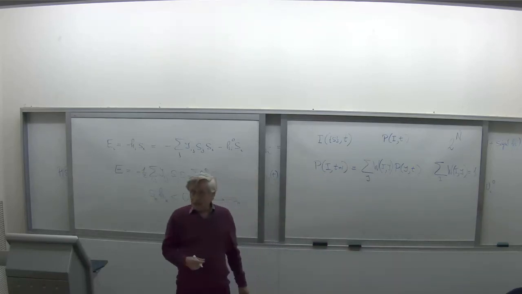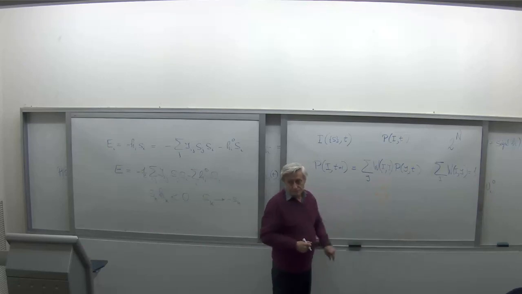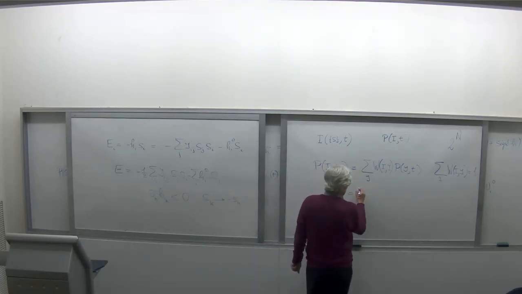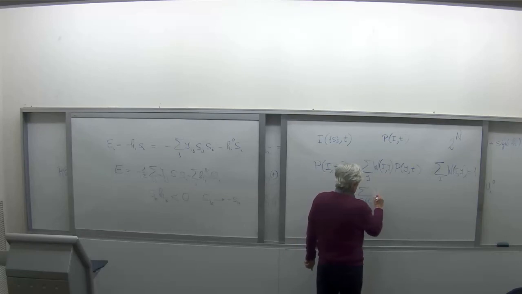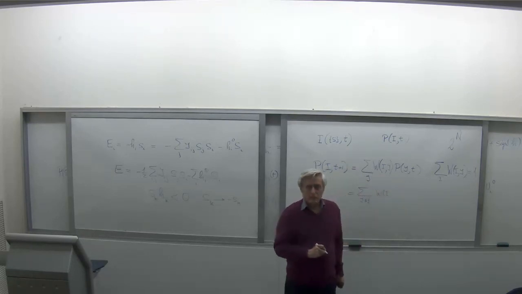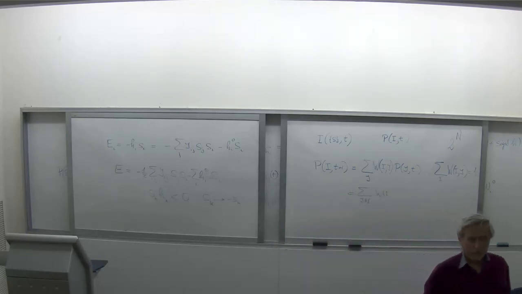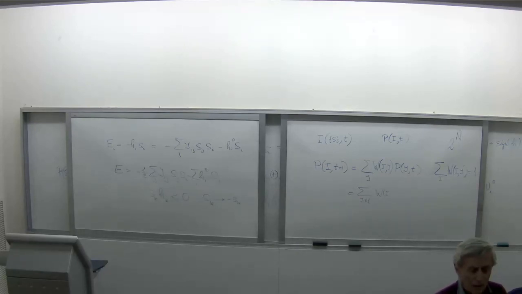So let us now look at this and rewrite it in the following way. Yes, Sheila, what's the question? I don't understand why that is 1. It's not supposed to be on all i's and all j's.